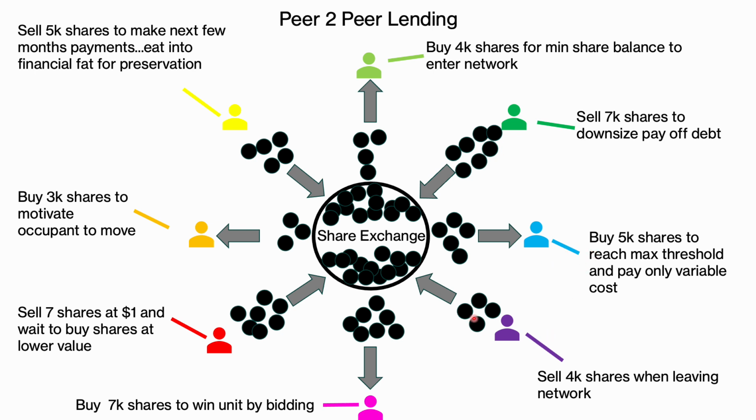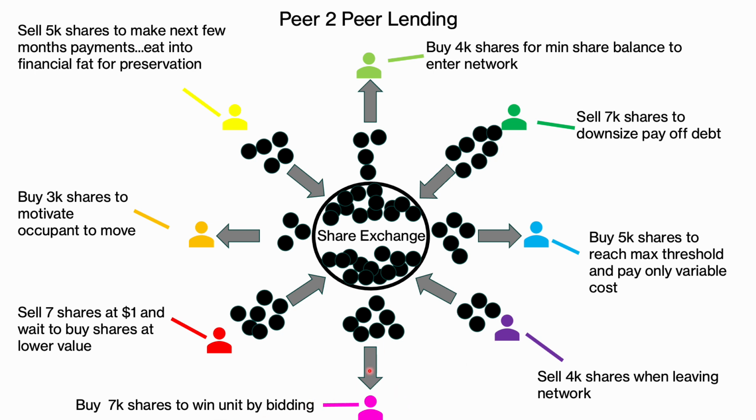And so let's say this person's just leaving the network in general and they're moving out to go wherever else. They just straight up sell 4,000 to the exchange. So as this person enters, this person exits. Makes sense.